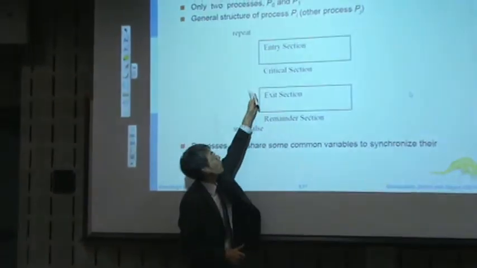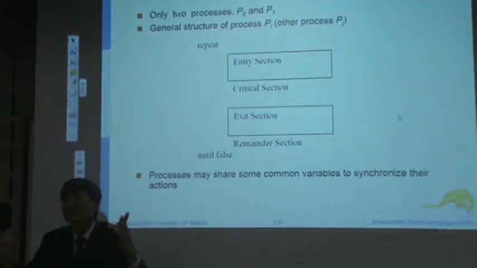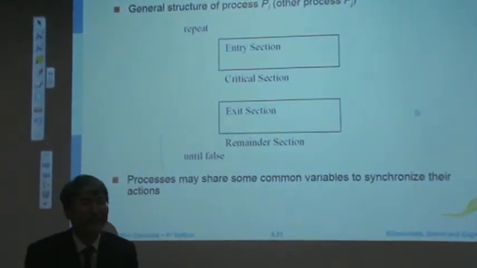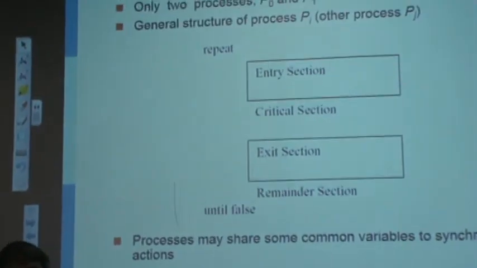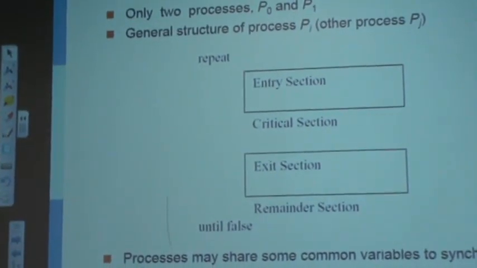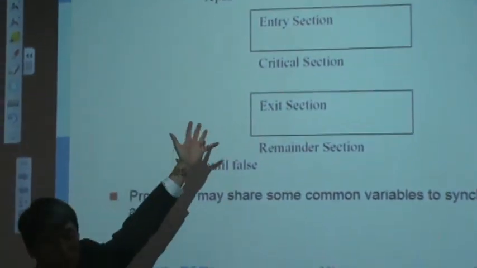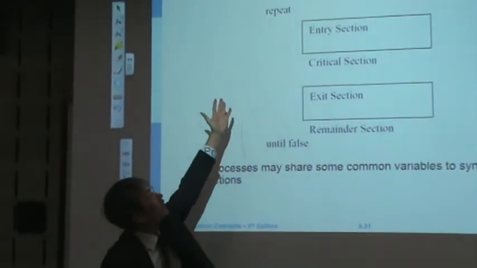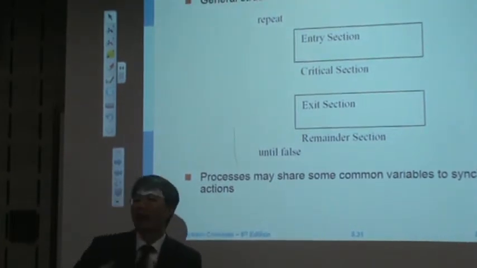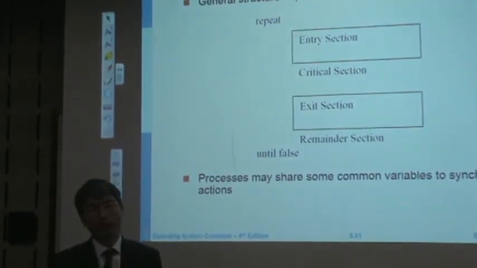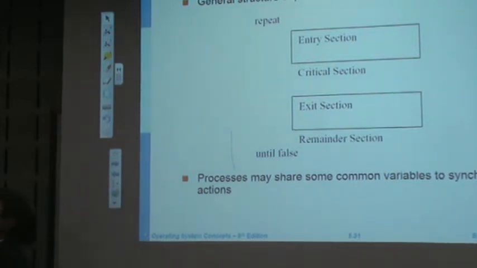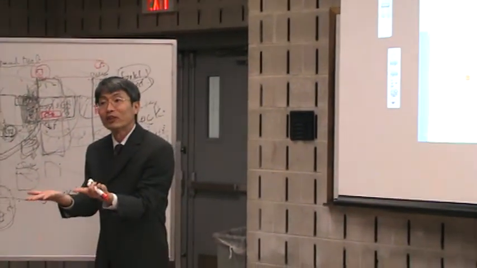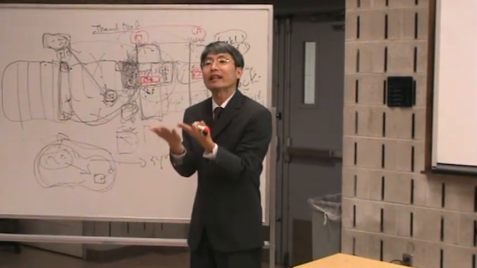Then once this one is done, during the exit section, you can announce, not decide, that I'm done. So there is a key. Then the processes that are waiting in the entry section decide who will be the next one. The operating system does not get involved in the decision, but the operating system provides the key itself.